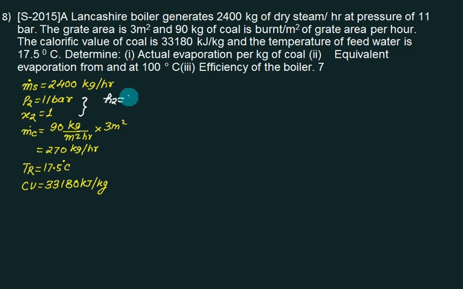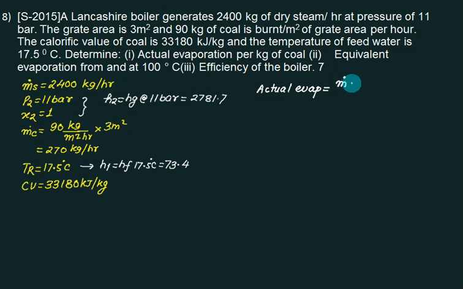So H2 equals Hg at 11 bar. What is the HF at 17.5? 23.4. First is actual evaporation. Mass of steam upon mass of coal, 2400 divided by 270, 8.89.